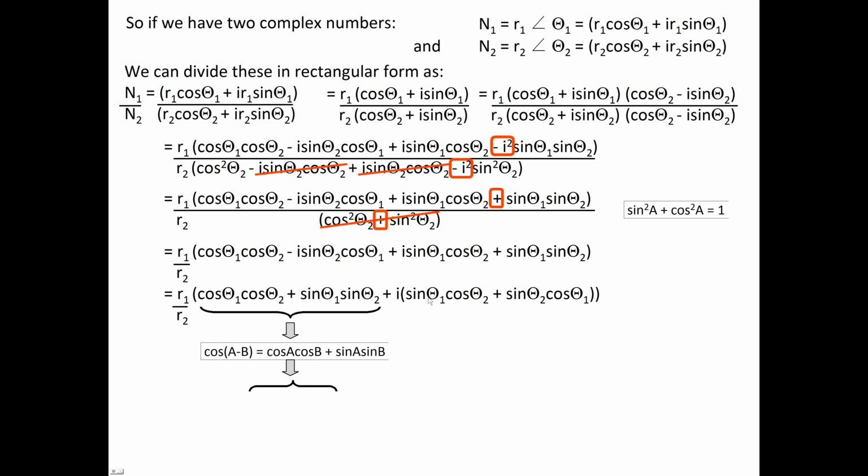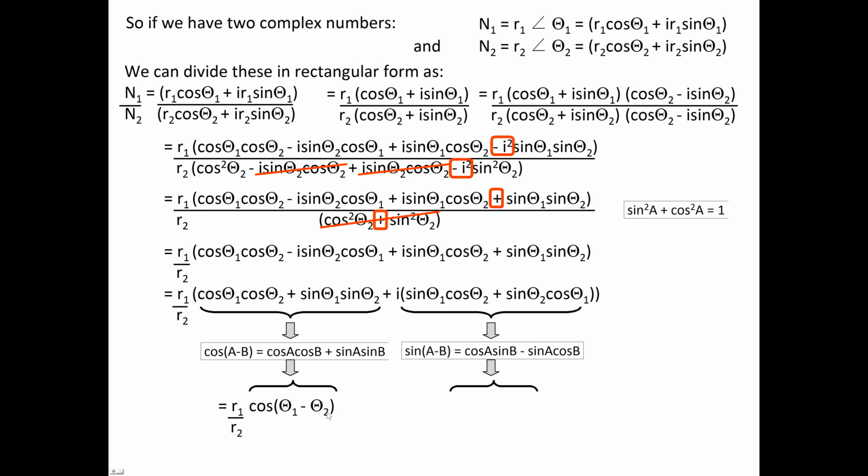And back to our trig identities, where we can say that cos of A minus B is cos A cos B plus sine A sine B, and substitute A for theta 1 and B for theta 2 allows us to write that as R1 over R2 times cos of theta 1 minus theta 2.